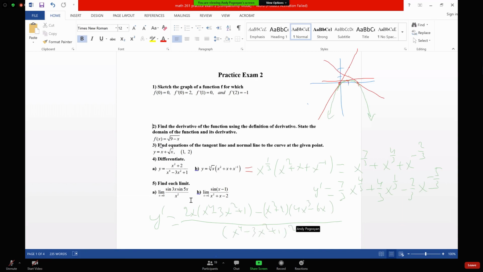Now numerator, distribute, combine like terms, you get, I don't know, 2x to the 5, and then x cubed, plus 14x, something like this. I don't remember the numerator and the denominator squared. So just distribute and finish it.